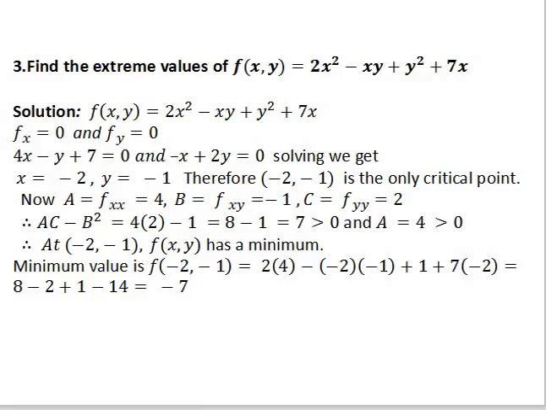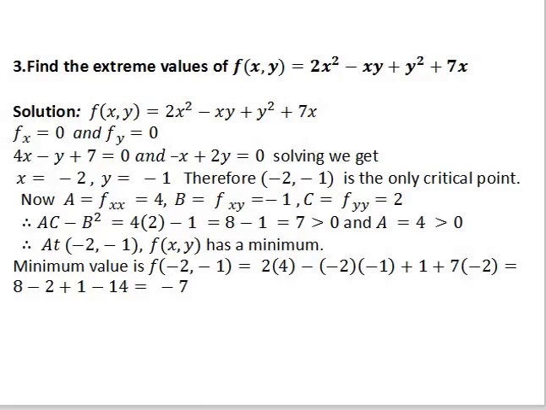Therefore y = -1. Put y = -1 in the equation -x + 2y = 0. Then it becomes -x + 2 into -1, which is -2, equal to 0. Therefore x = -2. Therefore (-2, -1) is the only critical point.